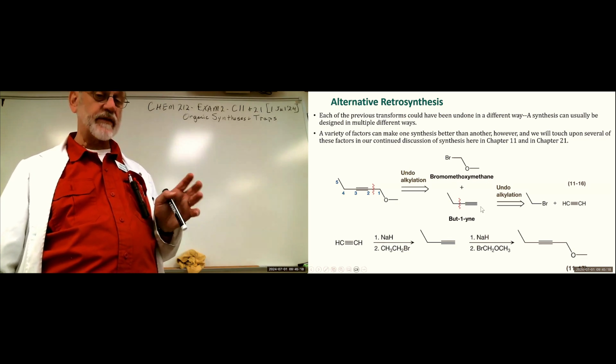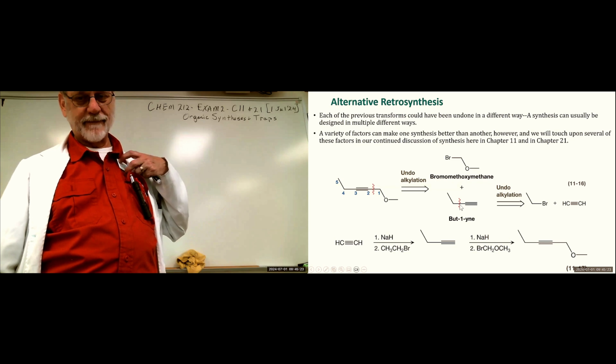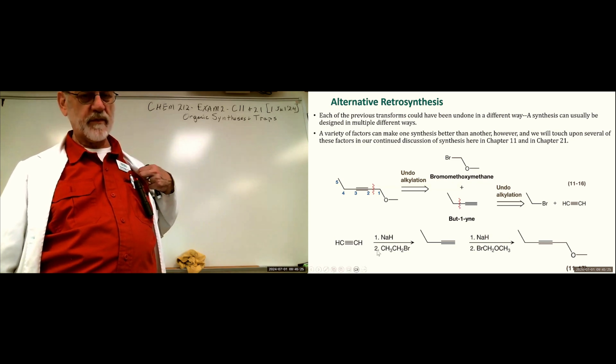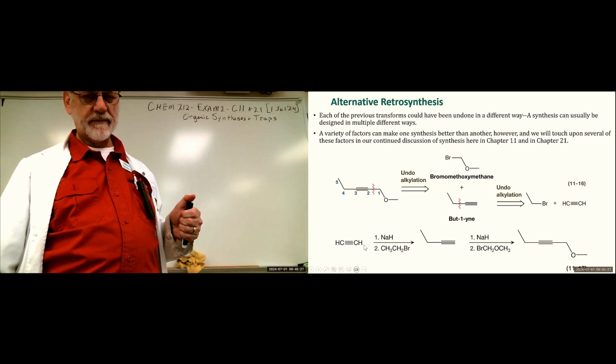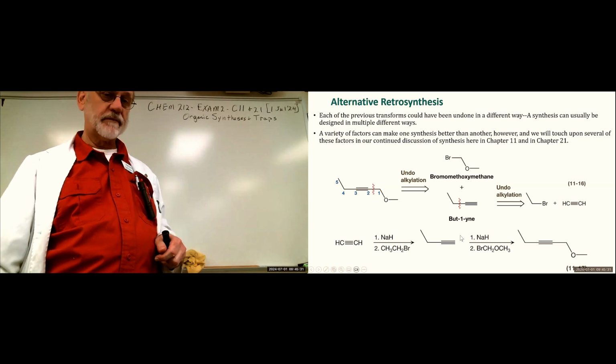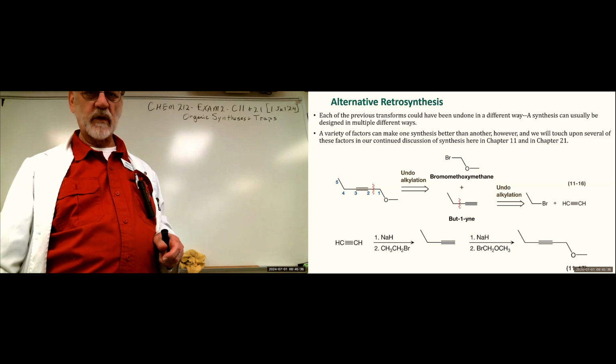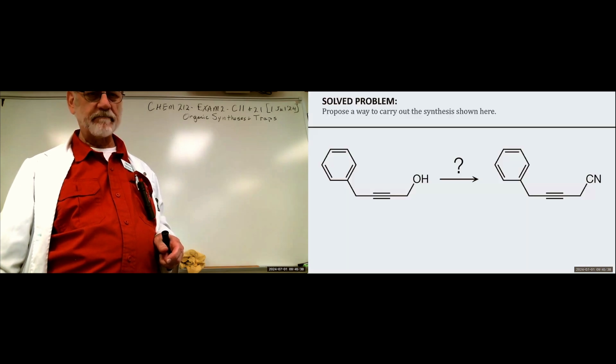That's got 4 carbons, so we got to break a bond here. And that's another way to form precursors. So there's more than one way to get to the end products.